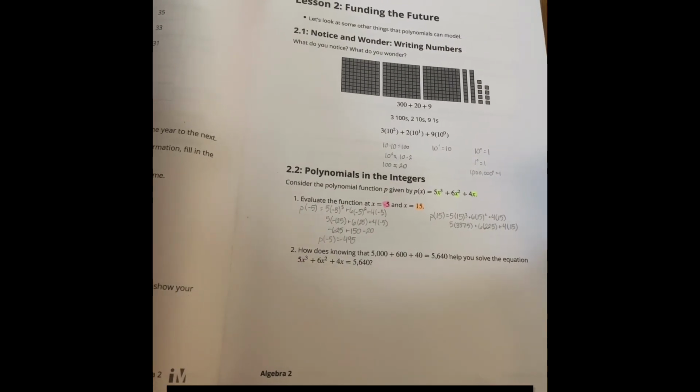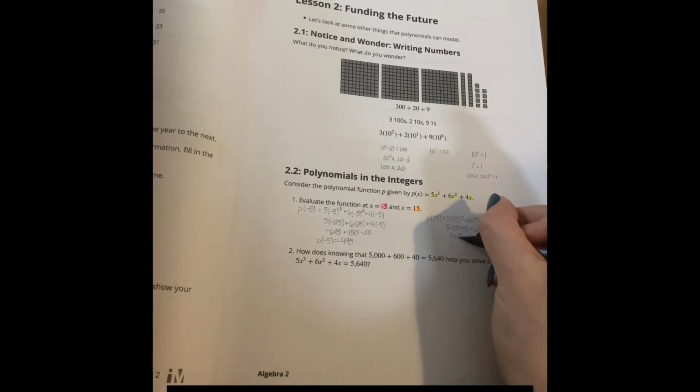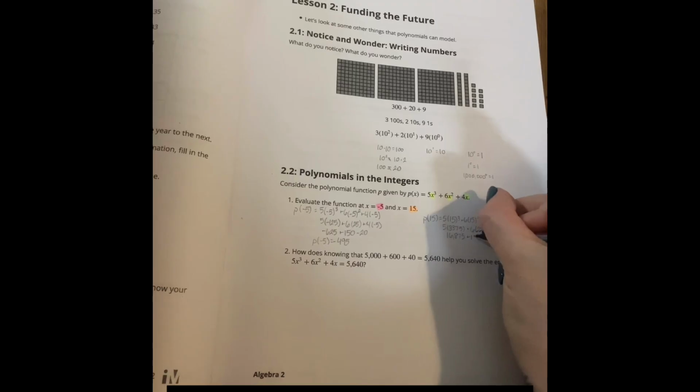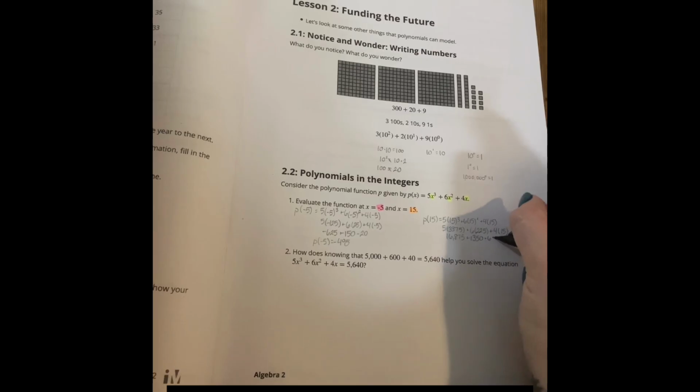When I then go through, I'm going to multiply it again. So I have 3,375 times 5 gives me 16,875. 225 times 6 is going to be 1,350. And then I am adding this 4 times 15, which is 60.